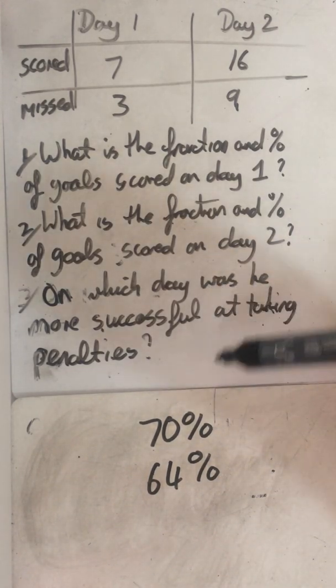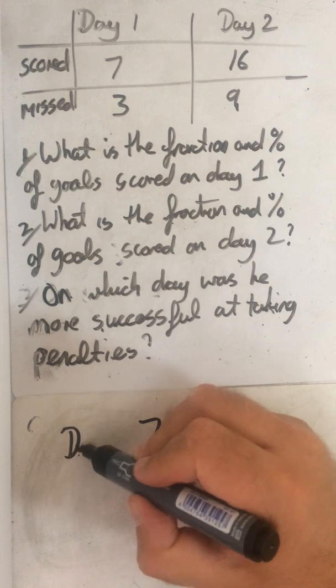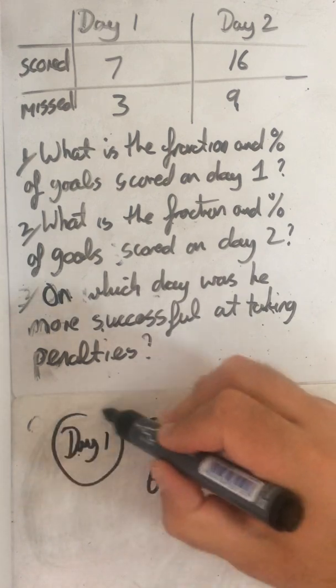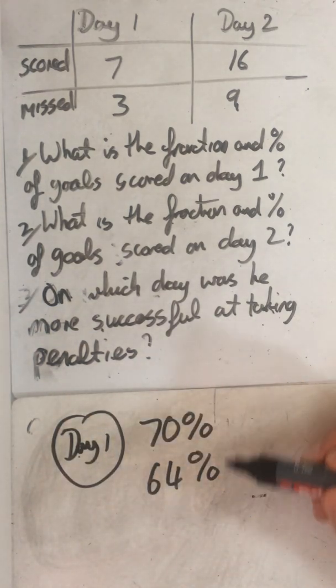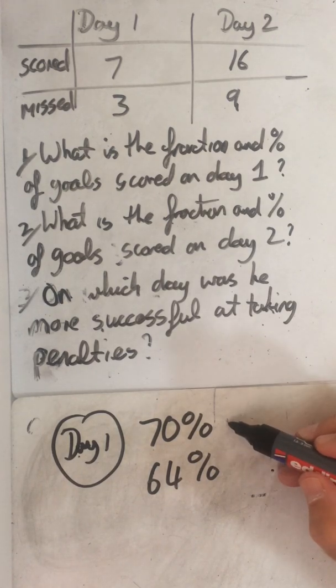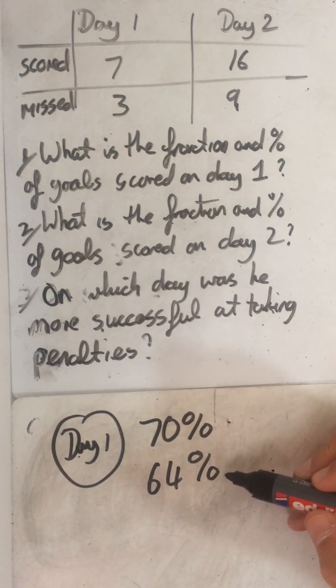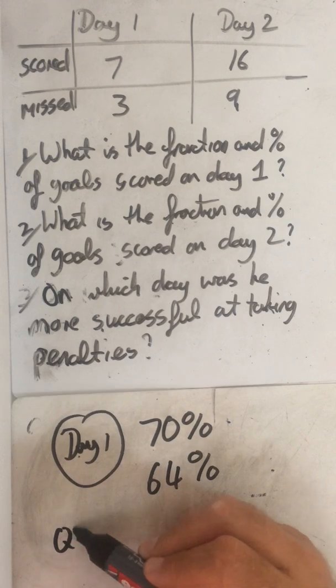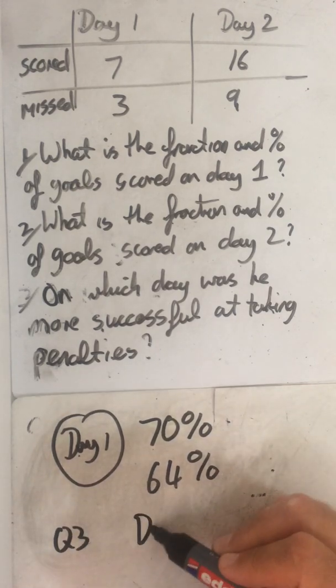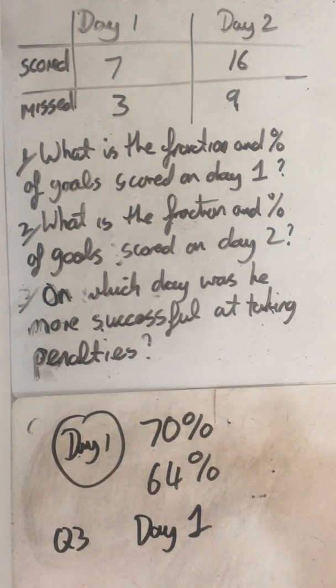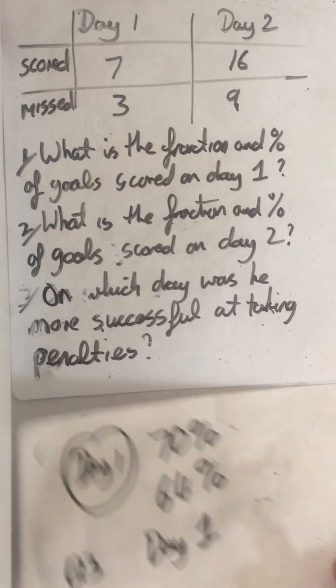So actually, he was more successful on day 1. He may have taken fewer penalties, but what you want is your percentage success rate, isn't it? Because he got 70% on day 1, 64% on day 2. So on question 3, he was more successful on day 1.